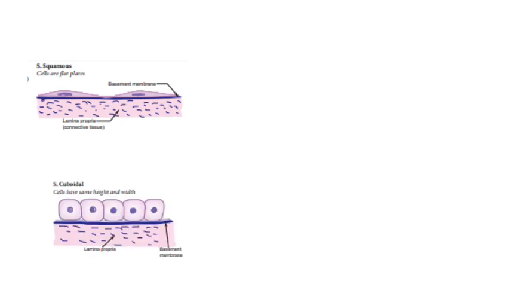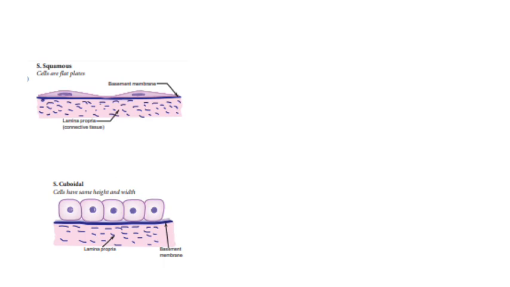Okay, this is to show you our squamous epithelium. It is flattened. The nucleus is flattened. Mainly we see the nucleus in the slide. If the nucleus is flattened, it means the cell is flattened. Here if you see, the nucleus is rounded and in the center. It is usually said that if the length and breadth of the epithelial cell are the same, it is known as cuboidal epithelium.